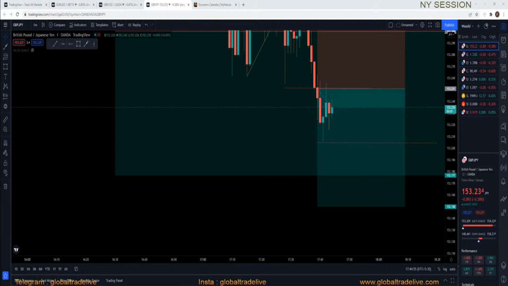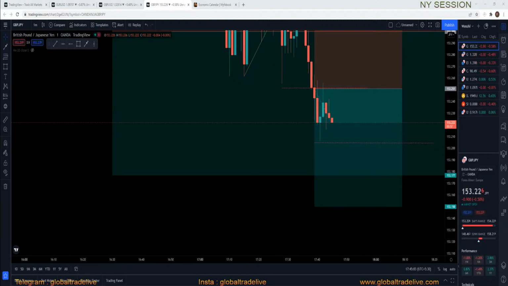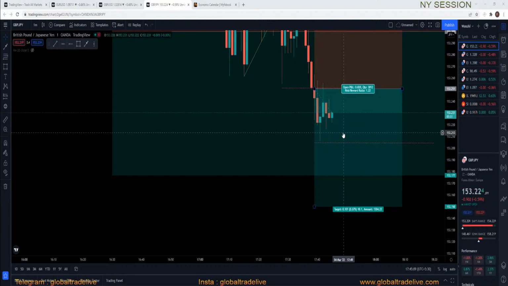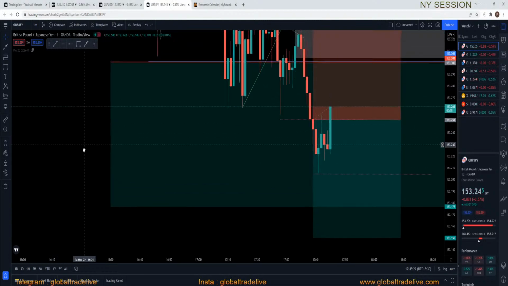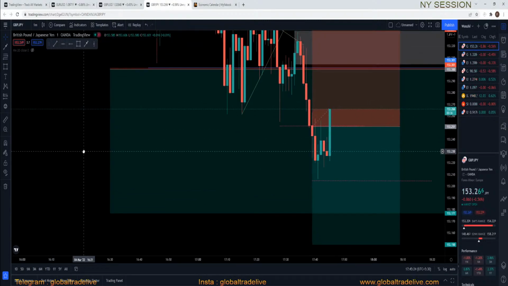Okay, 15-minute candle closes at this point. So now we have a new high made over here. Let's see if we can get back down, because the thing is, yeah, market can move up to test the POI now.